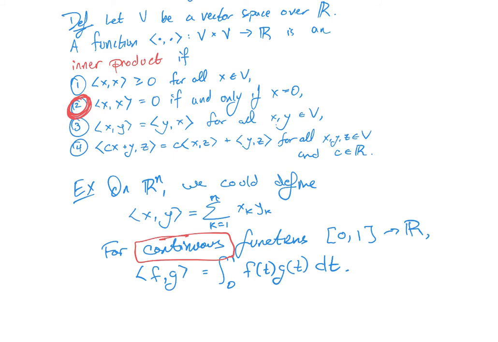Right? If it has finitely many non-zero points, then okay, yeah, that makes sense. So that guy's integral is 0. His inner product with himself is 0. But he's not the 0 function. Okay?